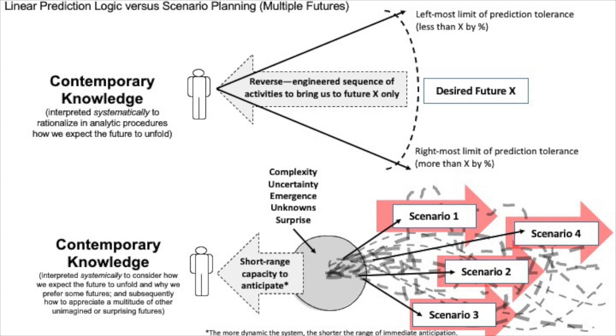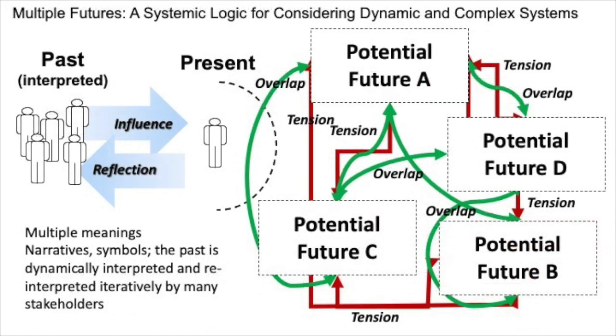Scenario planning with multiple futures within a systemic logic is one way to inform the organization so that they should apply sequential systematic logic towards a short-term goal, but they're doing this while also appreciating the emergent, nonlinear, and dynamic qualities of the larger complex system they are unavoidably operating in. And that is where the value of systemic logic and concepts such as scenario planning produce the most value for the organization.